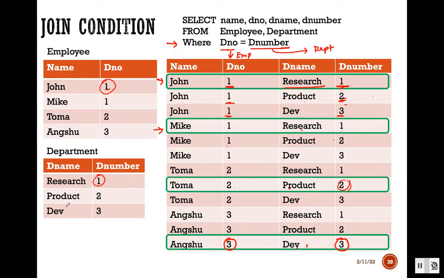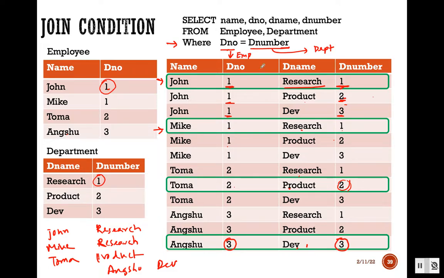Now you can relate these two tables together, where John works in the research department, Mike works in the research department, Toma works in the product department, and Angshu, the last one, works in the dev department. Now you can find the name of the department where each employee works.